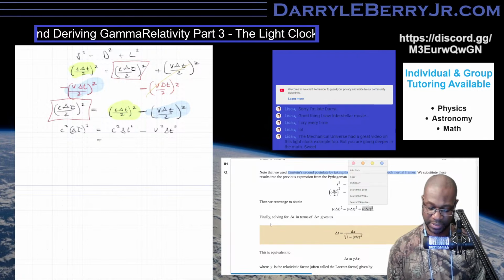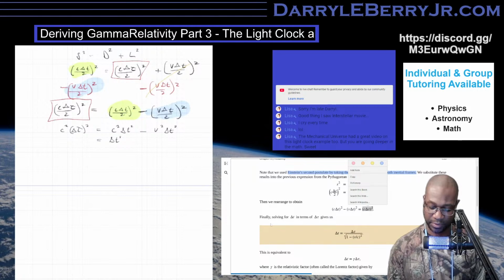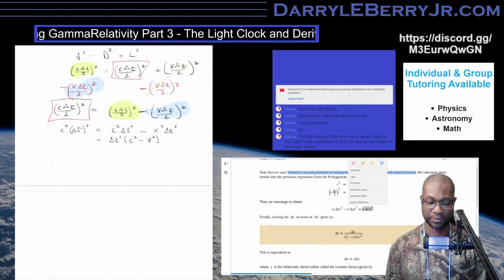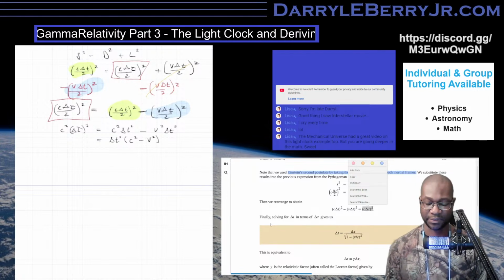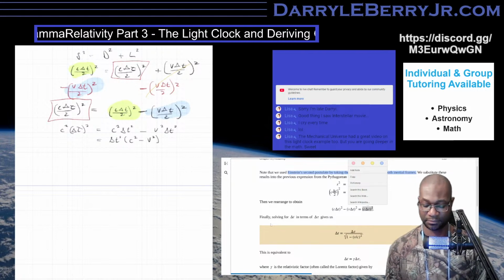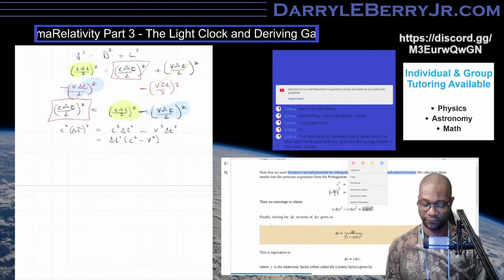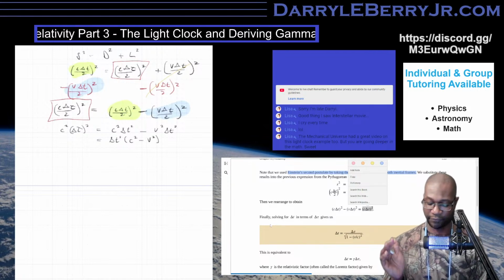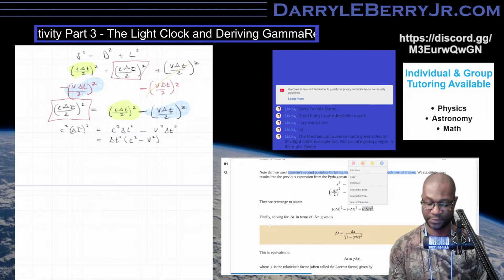This will give us on this side change in t squared and c squared minus v squared, because we could basically use, I forget the names of all of this stuff now, but what is that? Is it factorization? I think it's factoring. Or the reverse of distribution, whatever the official name is.